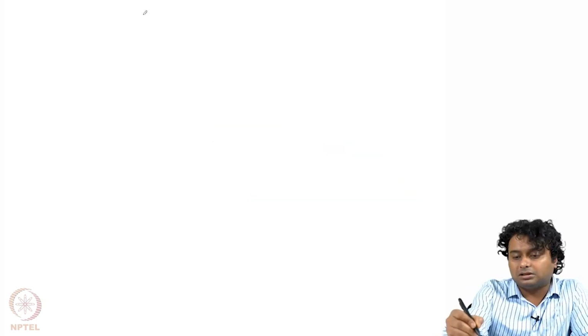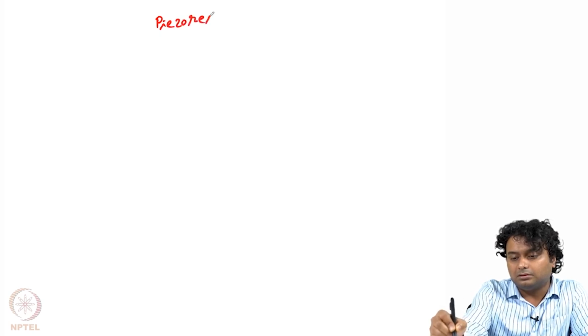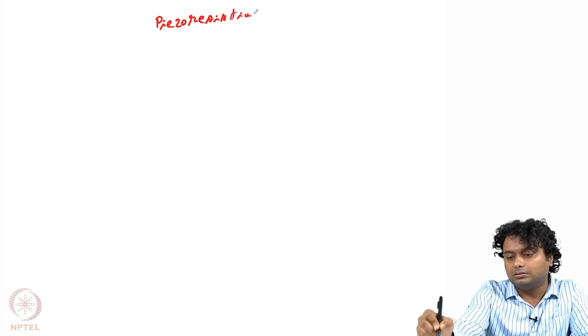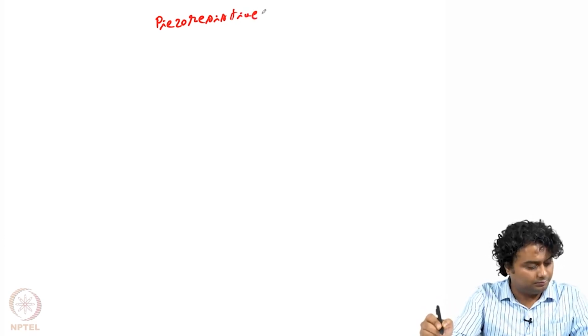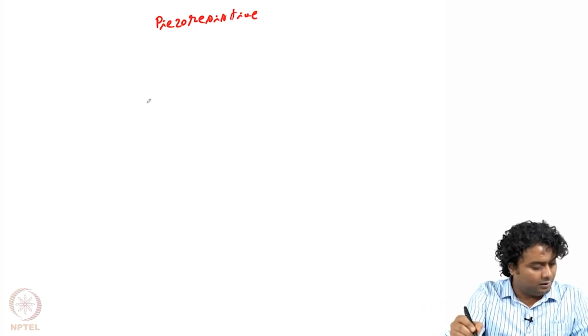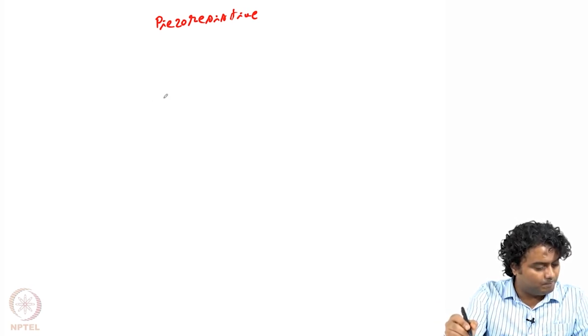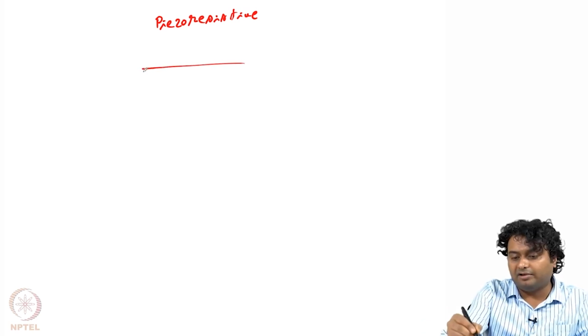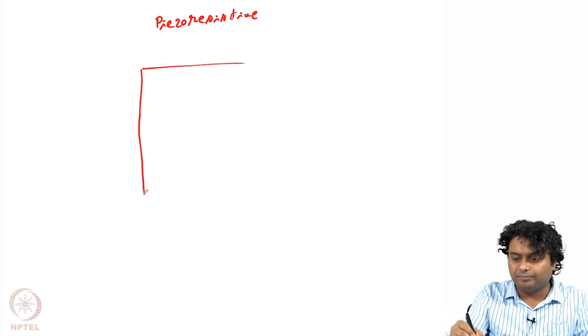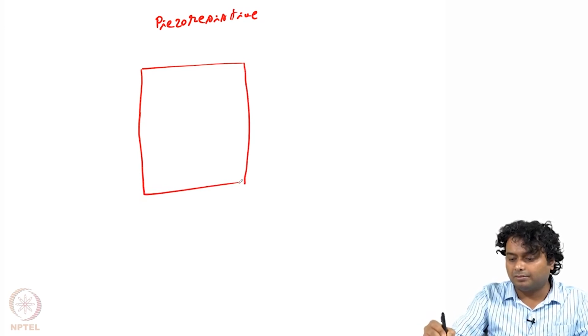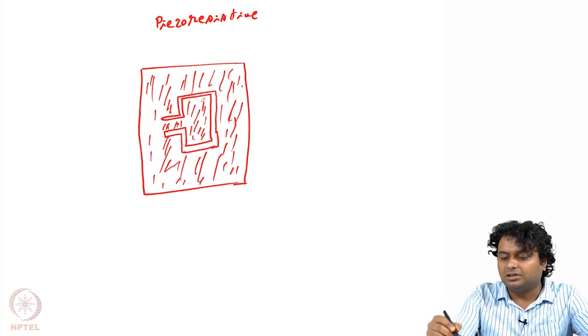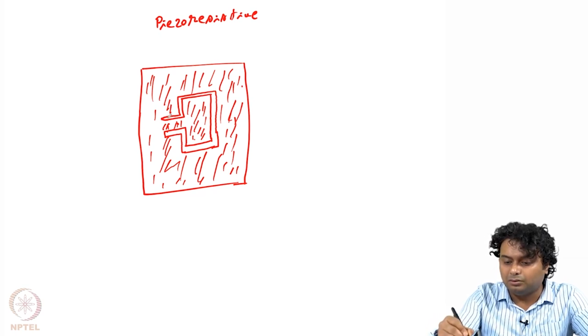Now let us discuss a bit about the piezoresistive one. So let us say we have a structure like this. This inside plate is like a membrane, and between these two, this cross region is a gap.